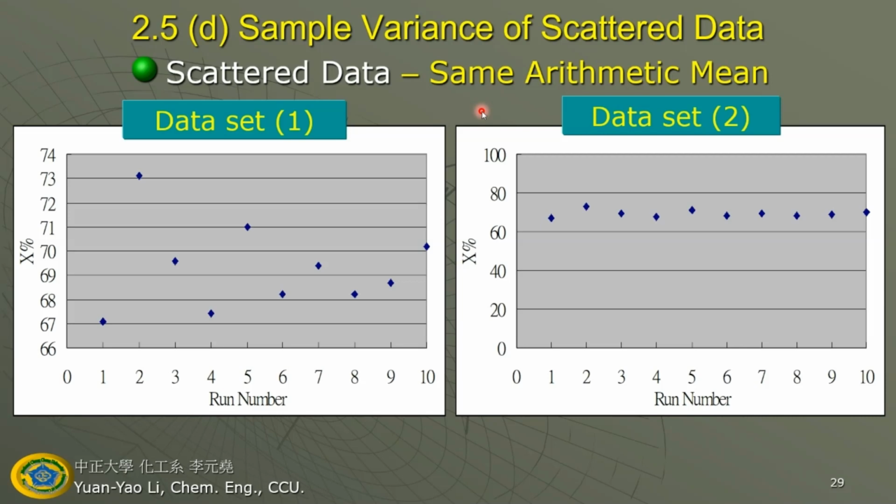I'm sorry, this is a bad example because, first of all, you need to take a look at the scale. This one is 66 to 74, and this one is 0 to 100. When you look at it roughly, you might tell me, Professor, this is a better answer because all the points are very close to the same level.